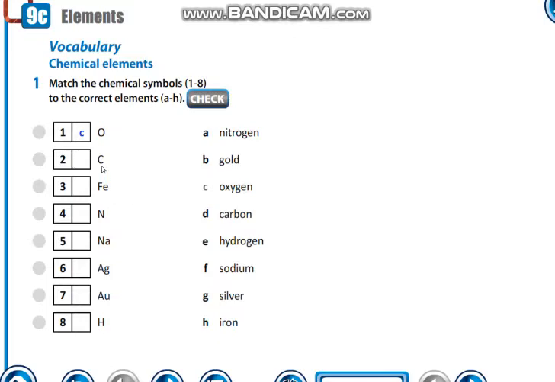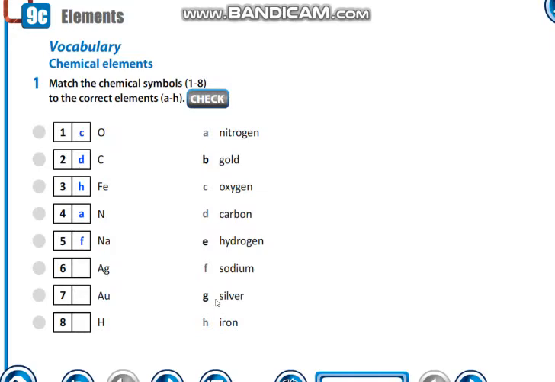Fe, Ferrum, C, it is carbon. Ferrum, it is iron, железо, iron. N, it is nitrogen. Now, Na, natrium, yes, it is sodium in English.